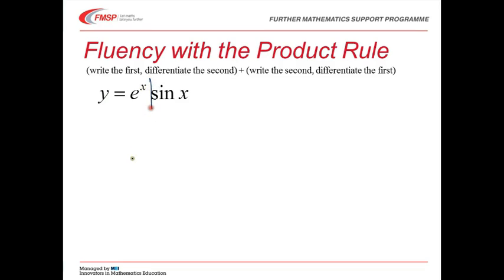It may help for you to split the function so you can see the two halves, and then dy by dx is write the first, differentiate the second, plus write the second, but notice that I'm leaving a space there so that I can differentiate the first and write it in front as usual. I can then write that in a factorised form.